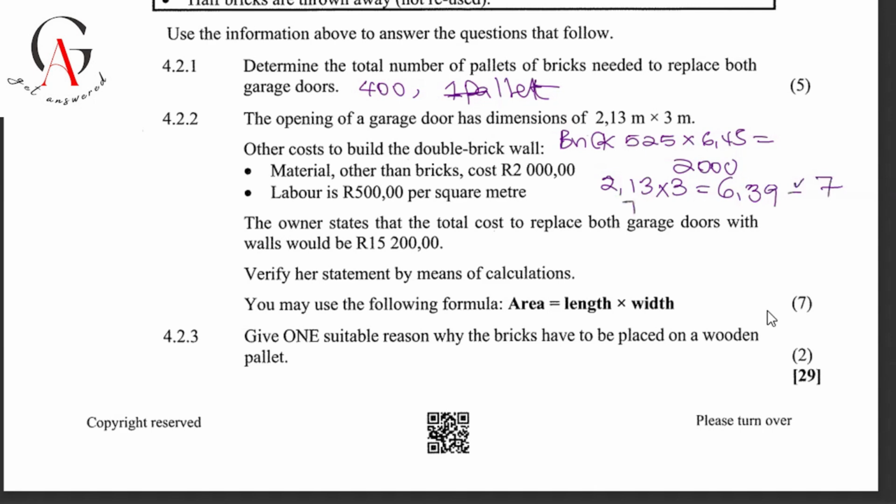So 7 times the 500. Then afterwards we add on the 2,000. Okay, the 2,000 is already there. Let's see how much the bricks will cost us. Sorry, cost her.